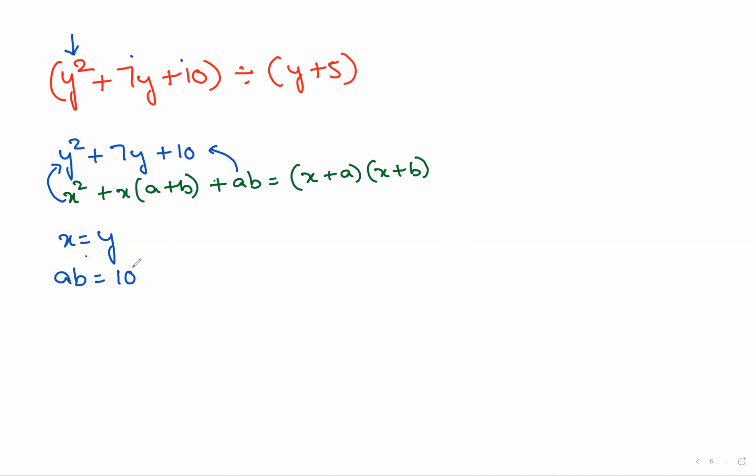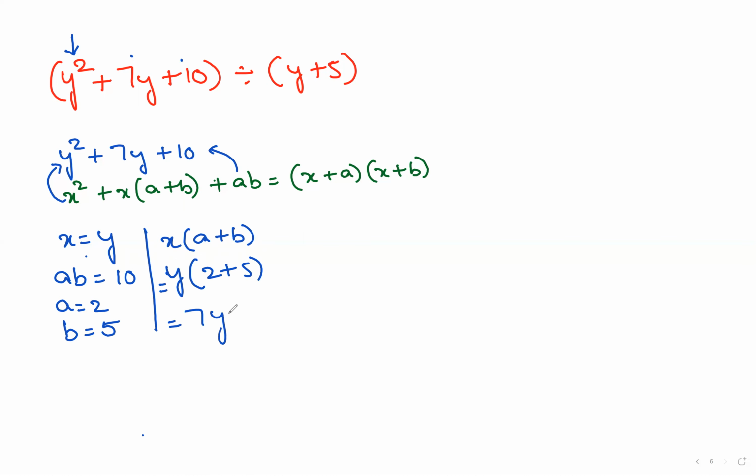If I take a equal to 2 and b equal to 5, will it satisfy the middle term? Let us check. x into (a + b): x means y, into (2 + 5), that is equal to 7y. Is it getting satisfied? This is also getting satisfied.